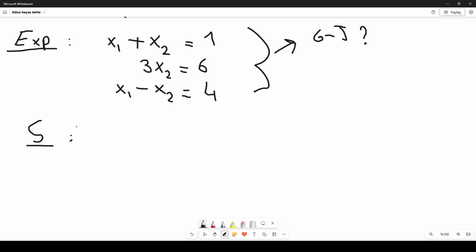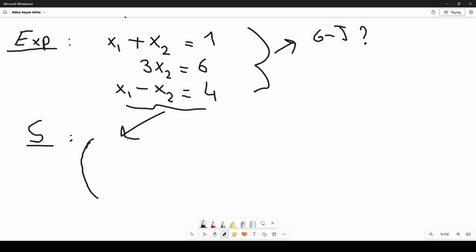I represent the solution in this abbreviation, by writing just a capital S here. Let's look at the solution. So the first step to take is, of course, as always, to transform this system into the matrix form.